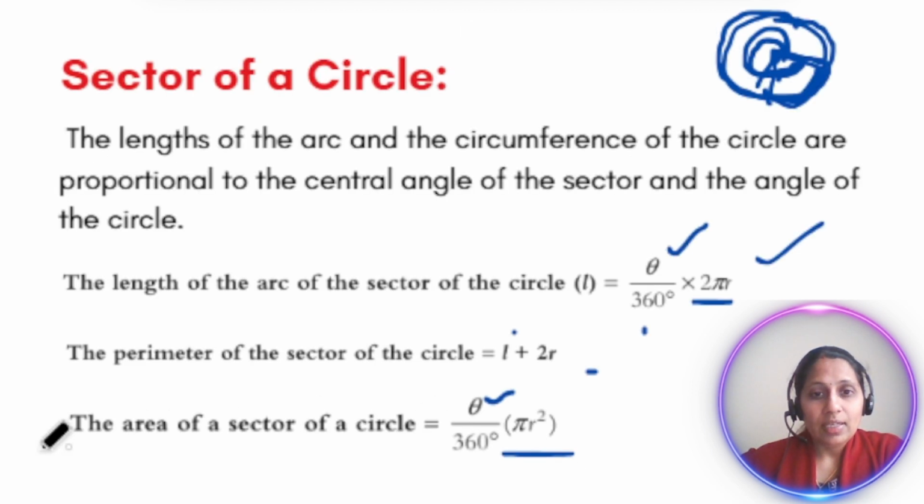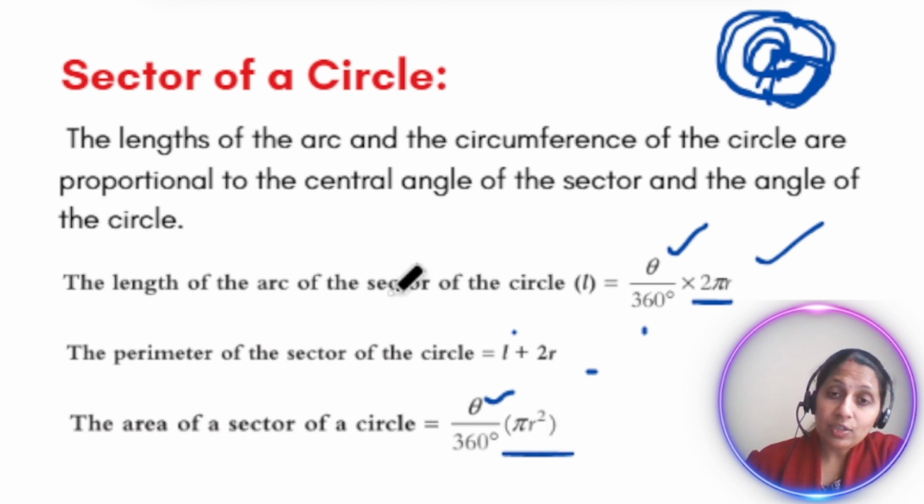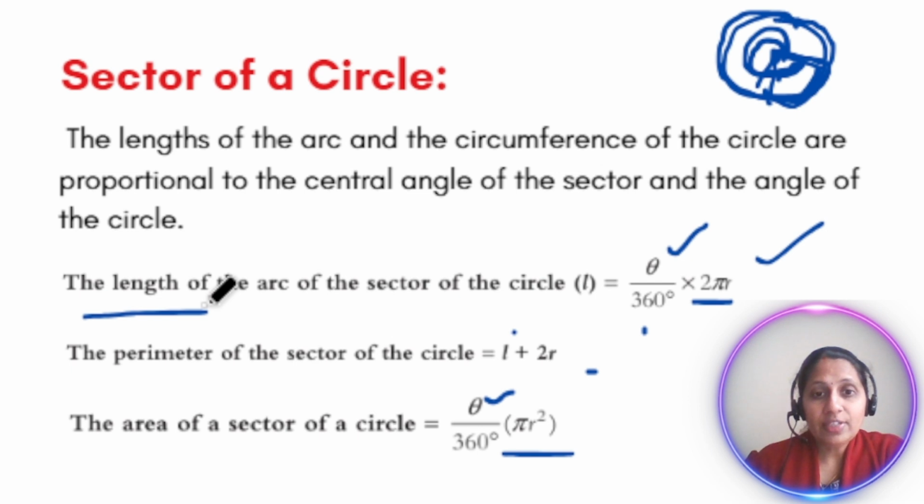Area of the sector is theta by 360 into pi r square. If they ask you the length, then it is theta by 360 into 2 pi r. Length is related to the circumference and area is related to the area of the circle itself. Perimeter is nothing but the length plus 2r. I hope you are clear with this, right?